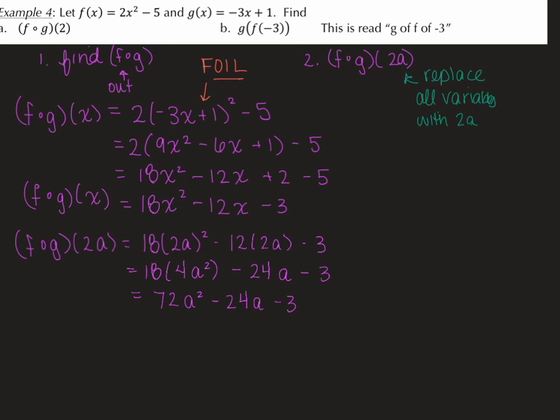So you can see that we used the f of g and then we inserted 2a. Now the biggest thing to remember here is that if you're looking over here, you can see how this is an x. Okay, we replaced that x with 2a. That gives you an idea of what we did to get from these two steps. We replaced x with 2a. So keep that in mind when you see any of these problems.